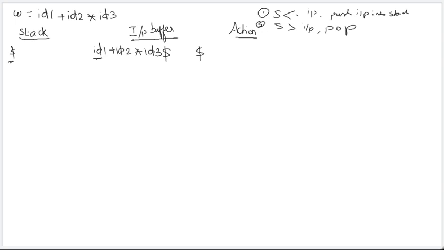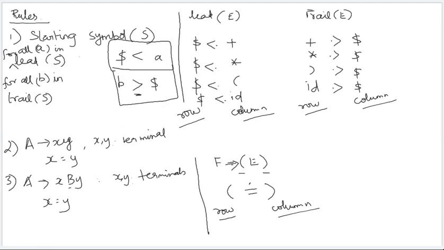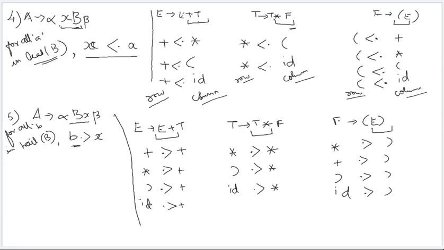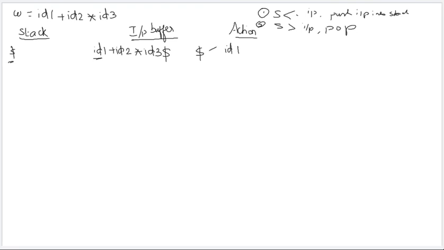What is the relationship between dollar and id? We need to check that table: dollar in the row and id in the column. So this is your relationship. Dollar has lesser precedence than id. This is how you need to check the table.